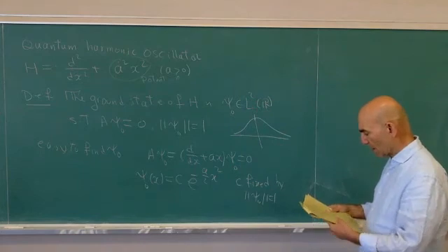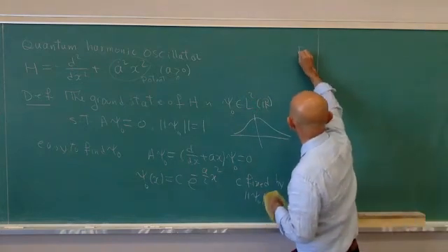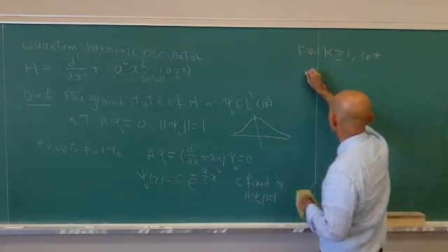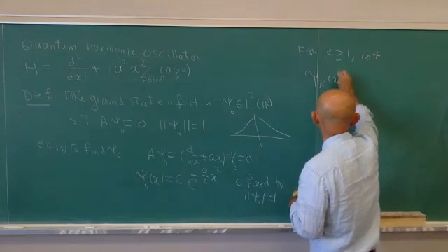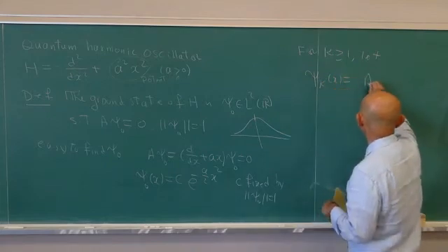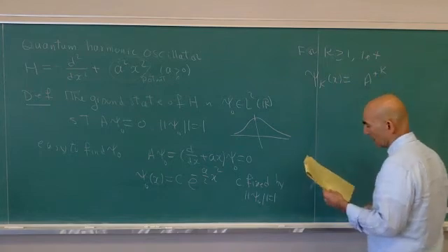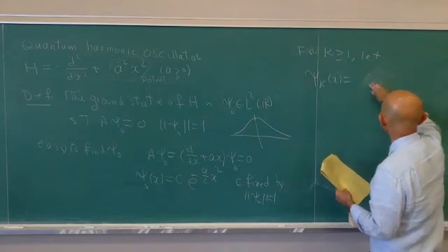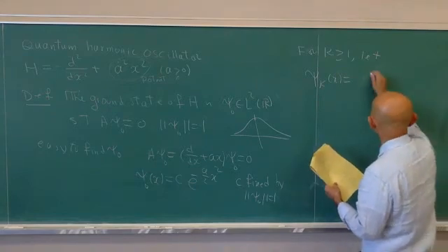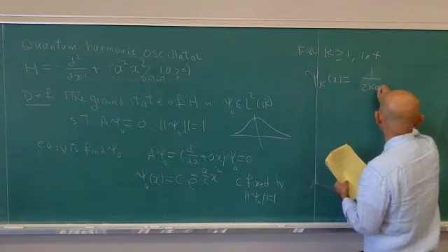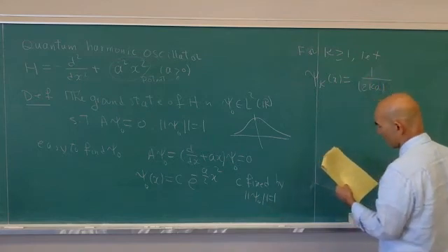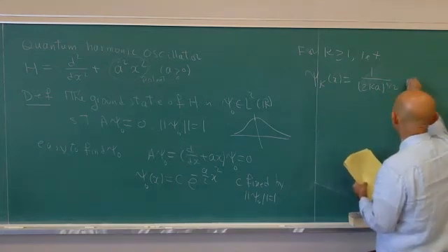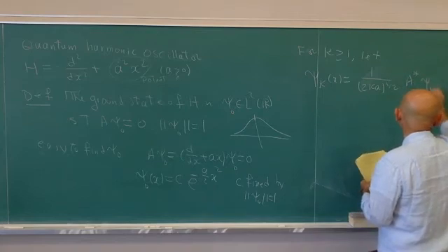So now for k bigger or equal to 1, let us define psi k of x to be a star to the power k. Okay, so maybe I'll just put the coefficients here. 1 over the square root of 2k A, a star psi k minus 1.